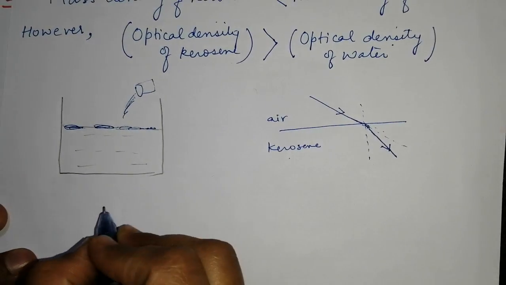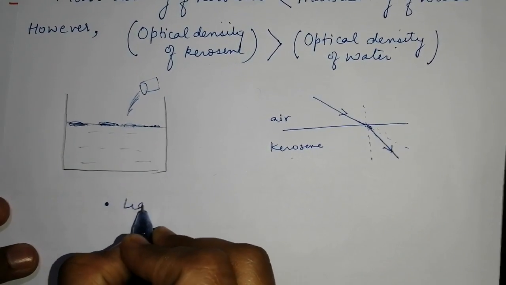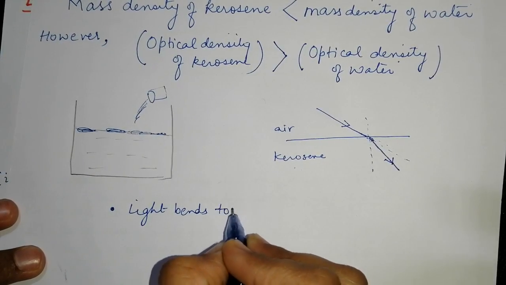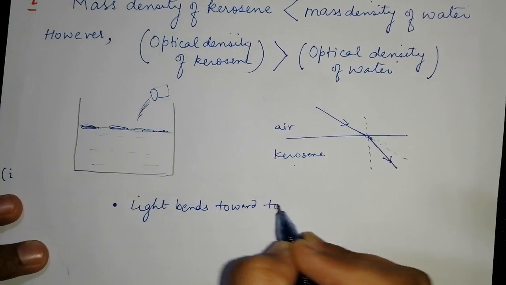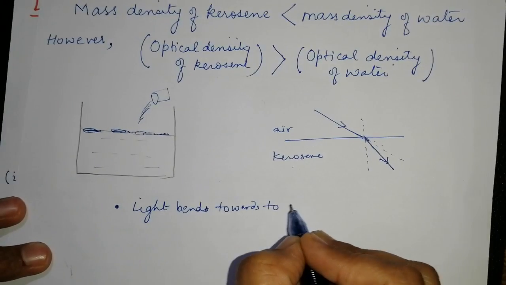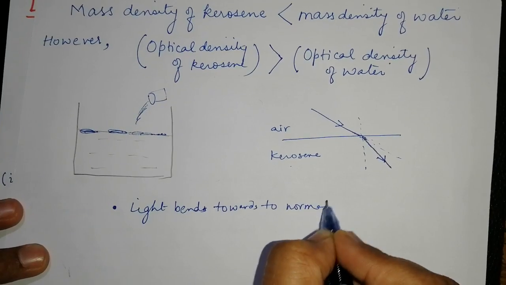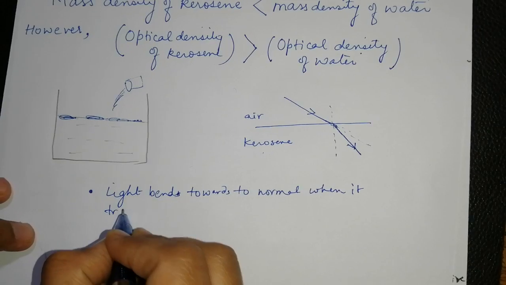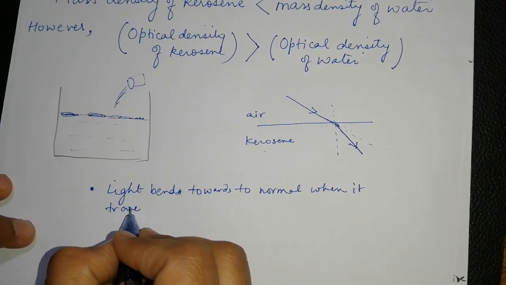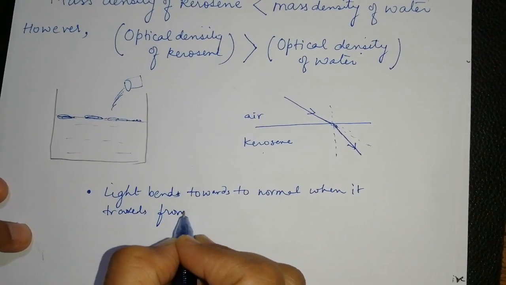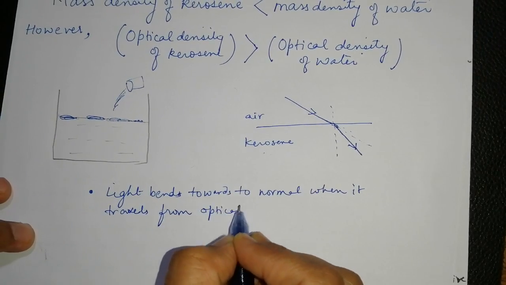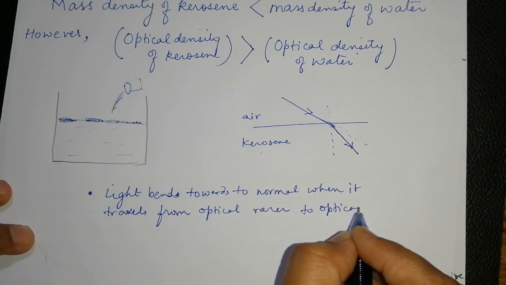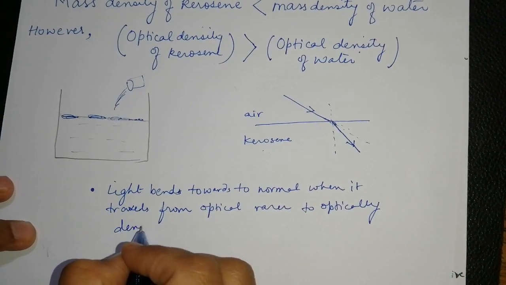So I'll write it here. Light bends toward the normal when it travels from optically rarer medium to optically denser medium.